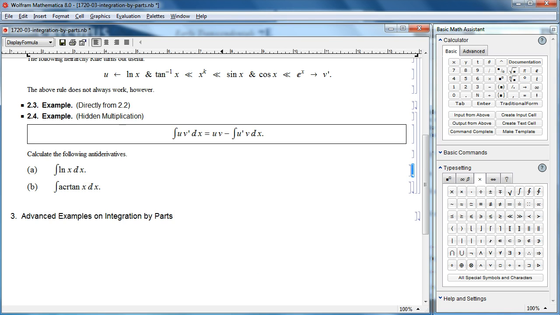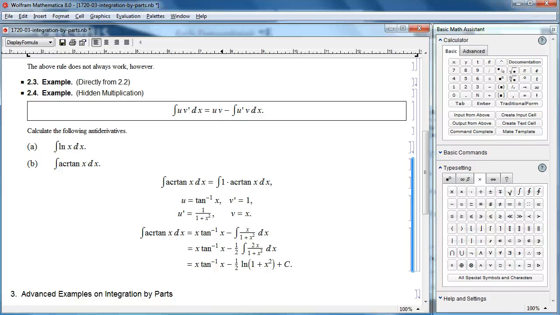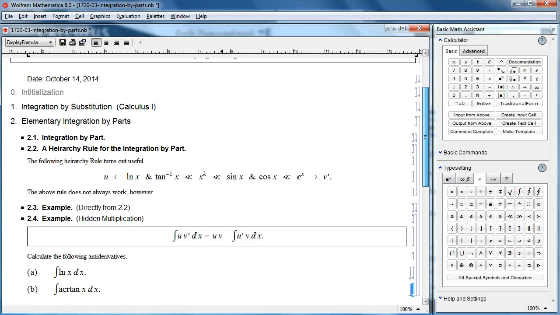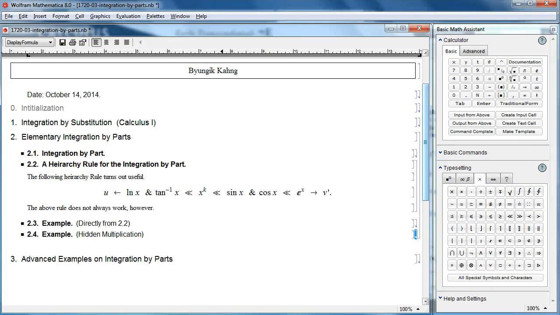The second example is also a hidden multiplication, so you'll have to do something similar with 1 times the arctangent and apply that hierarchy table, and we're gonna get an answer. Yes, u is arctangent, v prime is 1, and no cheating. I'm gonna ask you to try that on your own and use the answer key only as a last resort.